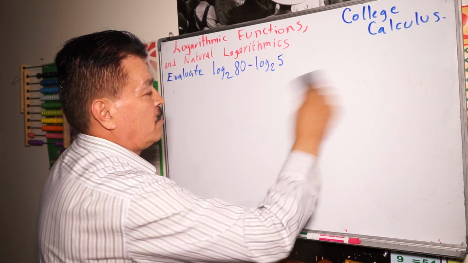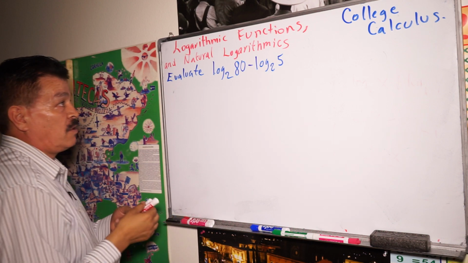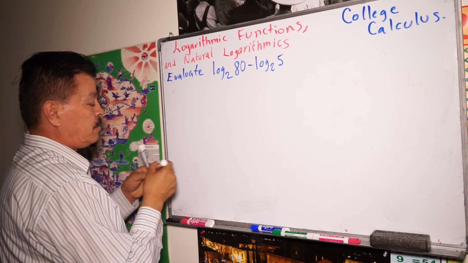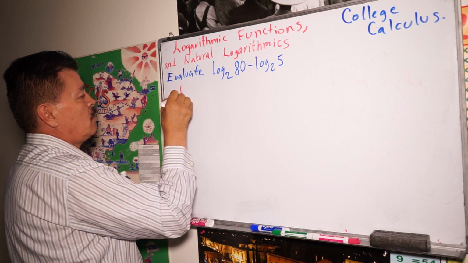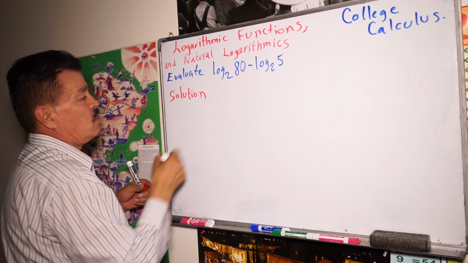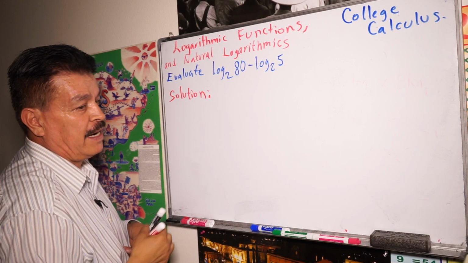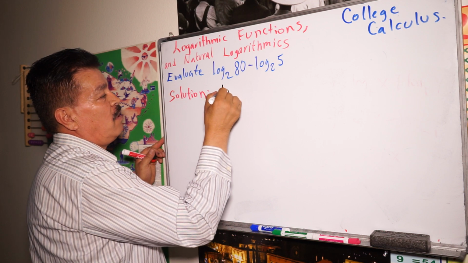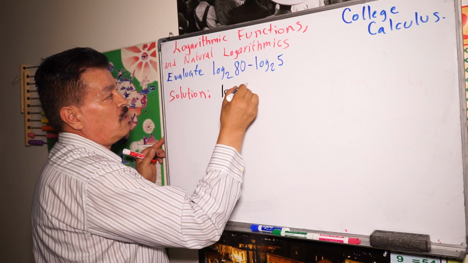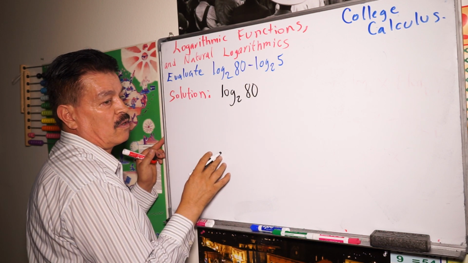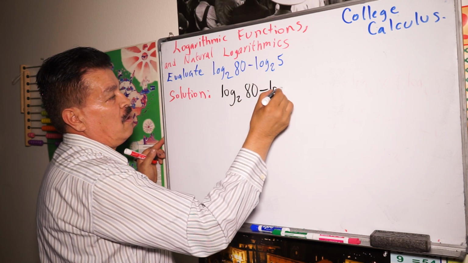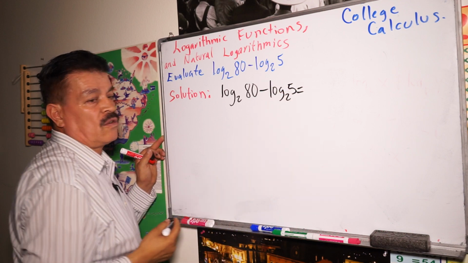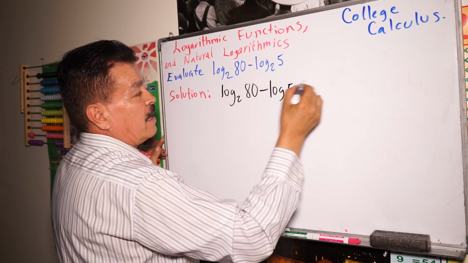I want to erase it. So just remember the rules. So the solution to this problem: here we are going to have log 2 of 80 minus log 2 of 5.